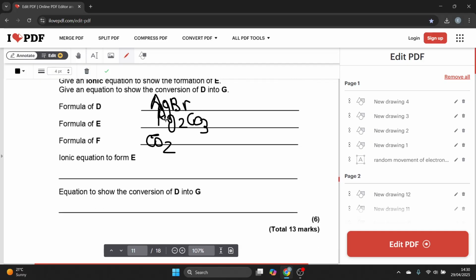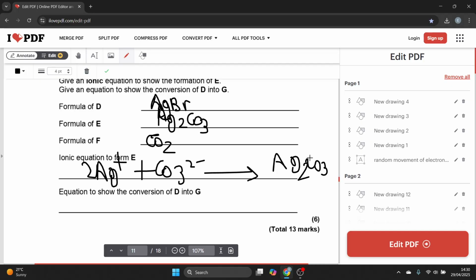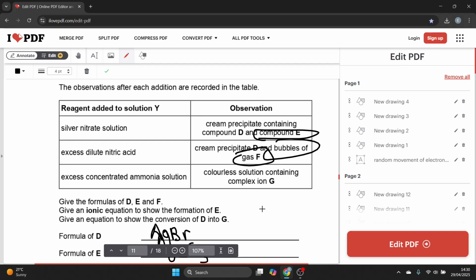And an equation to form E: 2Ag+ plus CO3 2-, and that's how you form Ag2CO3. But let me just have a quick look at this.